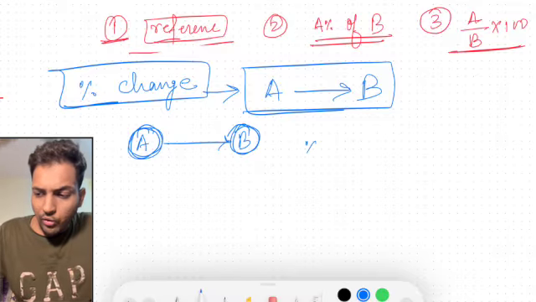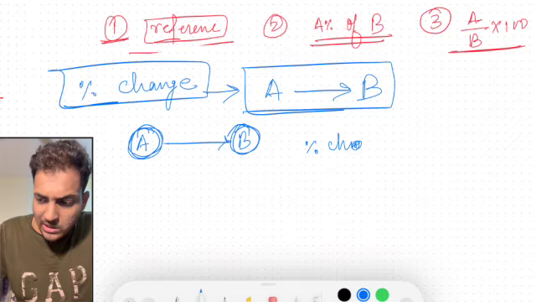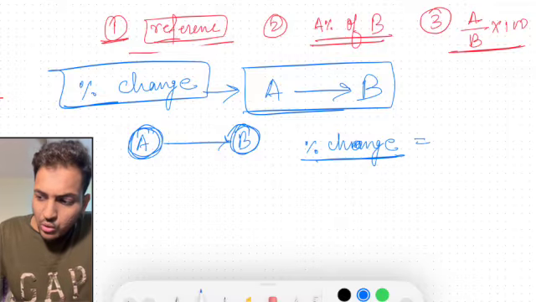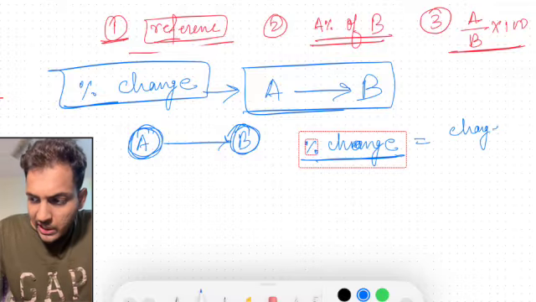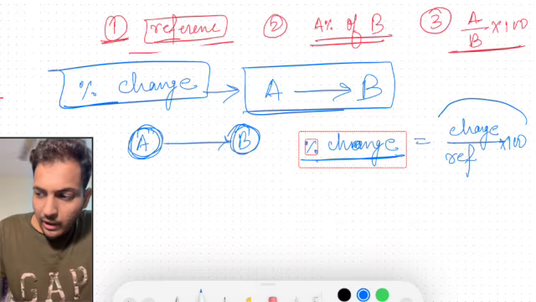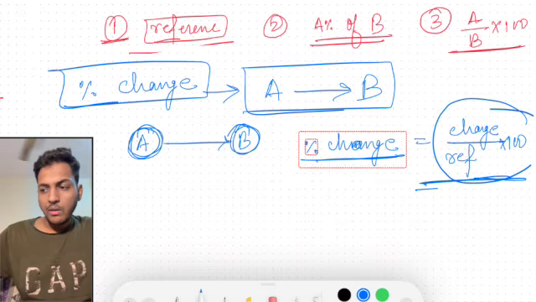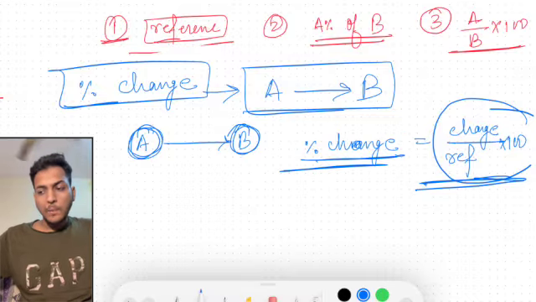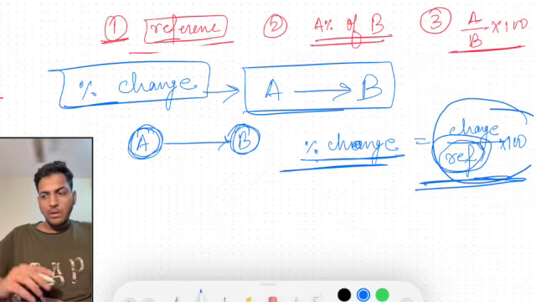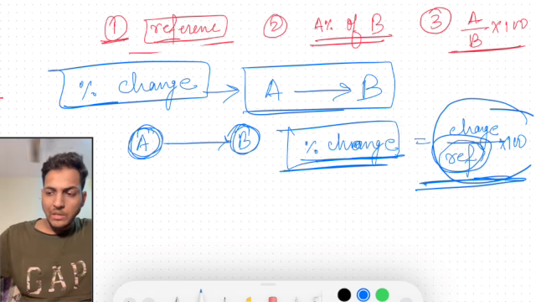So first of all, for finding percentage change, you need to calculate change divided by reference into 100. For finding percentage, anywhere, the denominator will be reference.